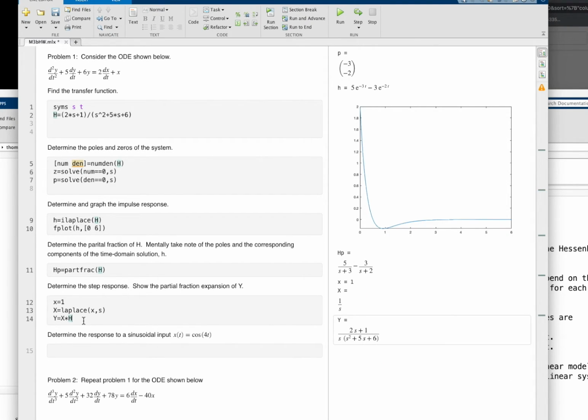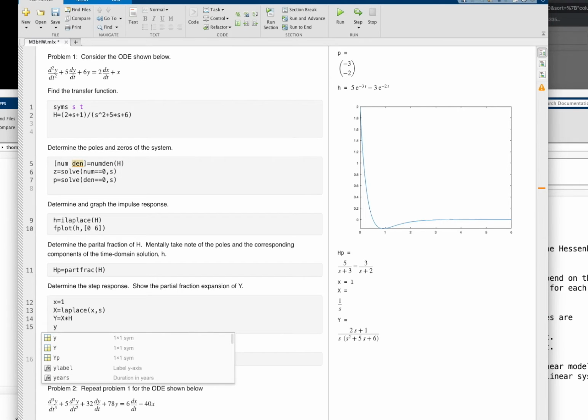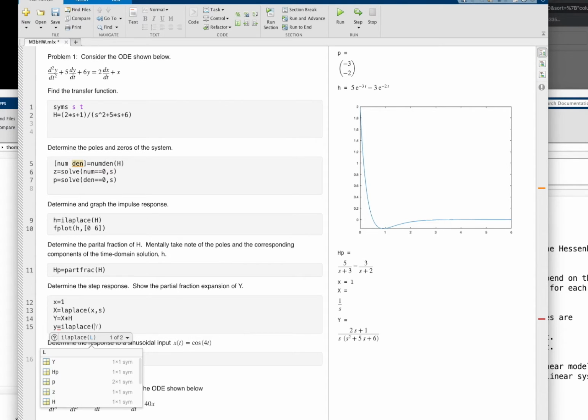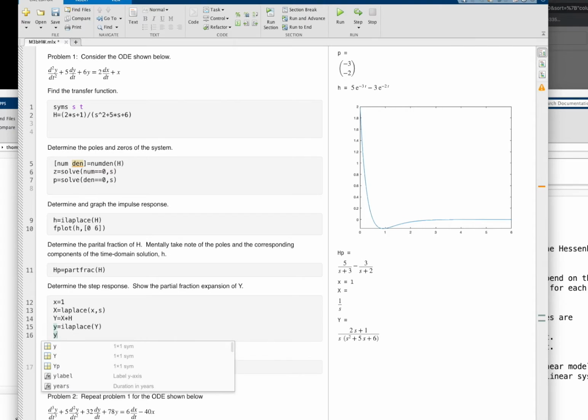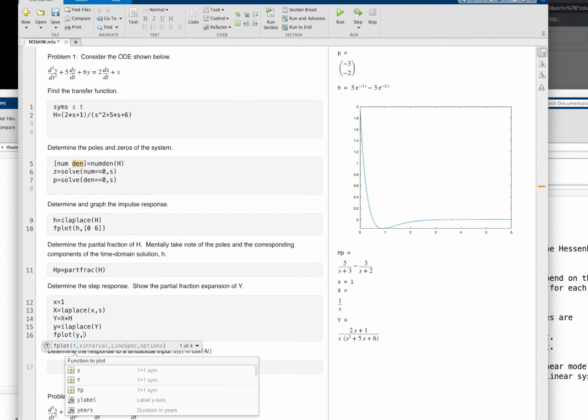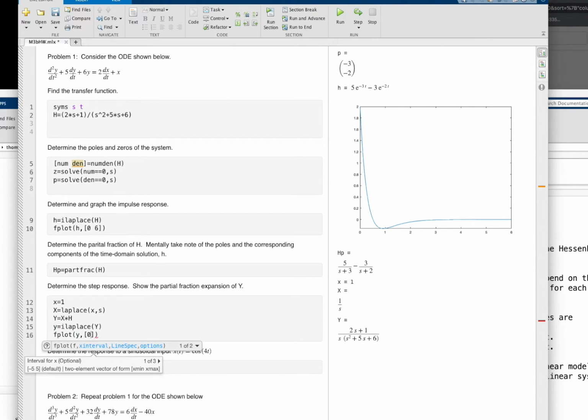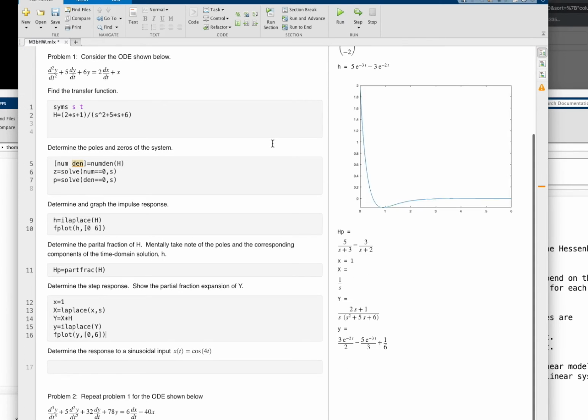Okay, all right, so moving forward, lowercase y is equal to the inverse Laplace of cap Y, and I can also plot that. And we try to learn something every time we do one of these analyses.